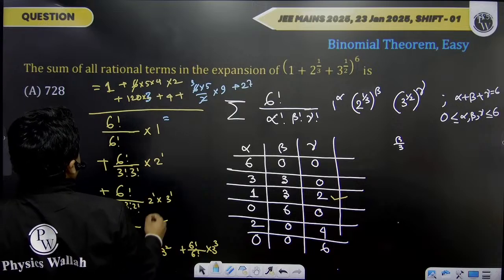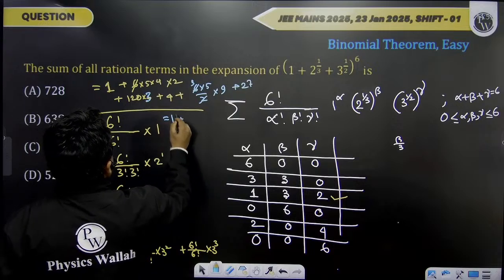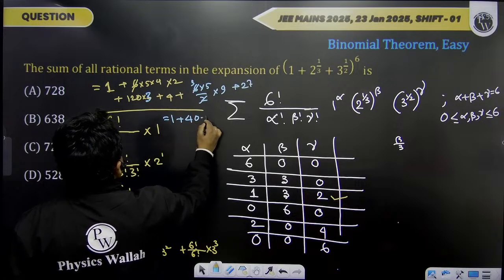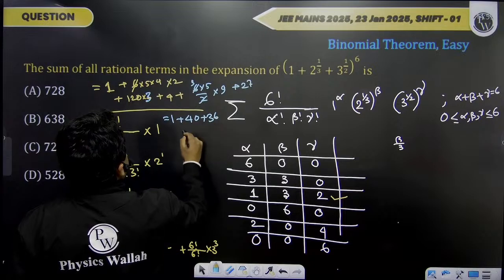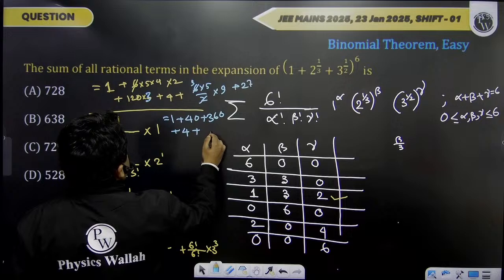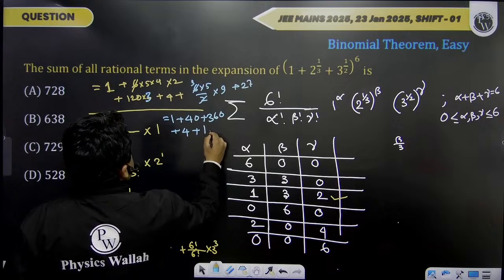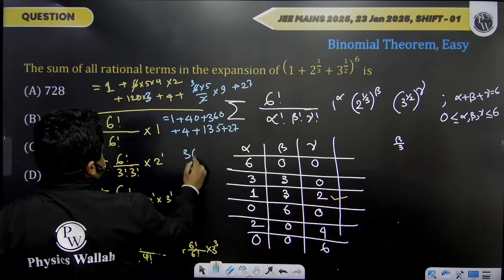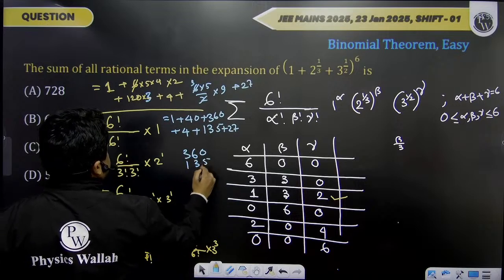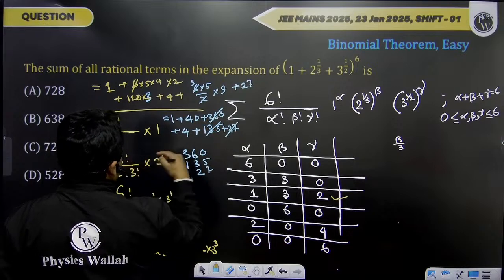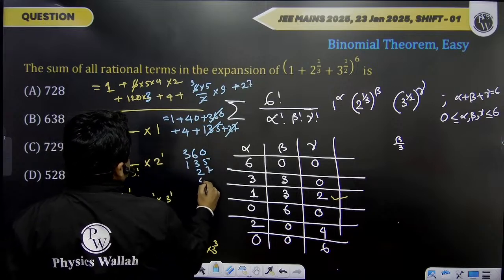So this will be equal to 1 plus 40 plus 260 plus 4 plus 135 plus 27, right? So let's add it up. 360, 135, 27, 40, 44, 45.